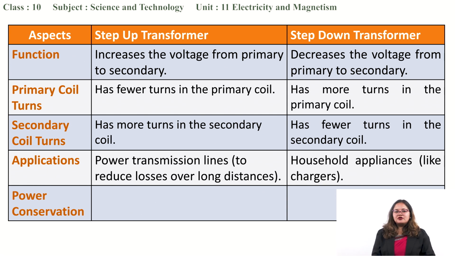In our previous class, while introducing the term transformer, I showed you how a mobile phone was charging using a charger, right? The work of that charger was to deliver 5 volt to the mobile phone to charge your battery. See, it is receiving 220 volt, right? So it is receiving 220 volt.